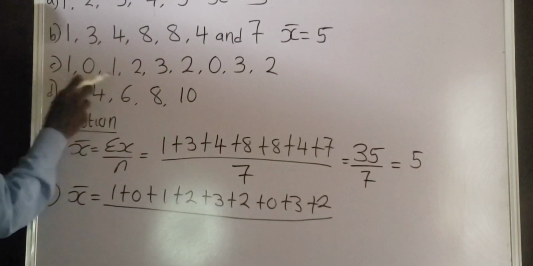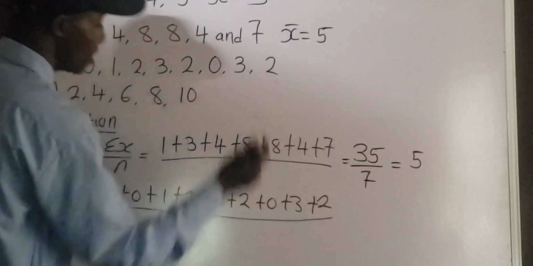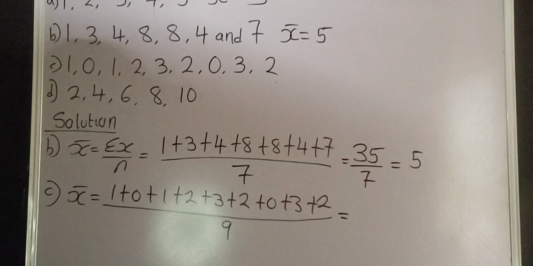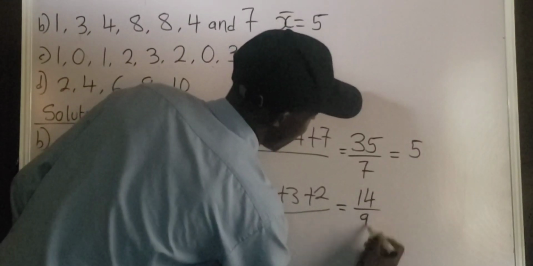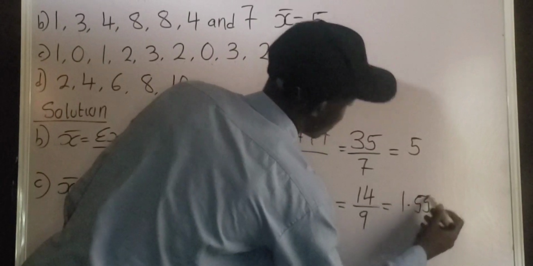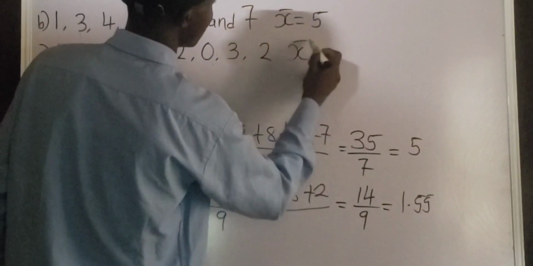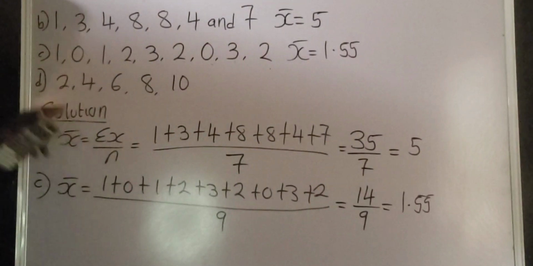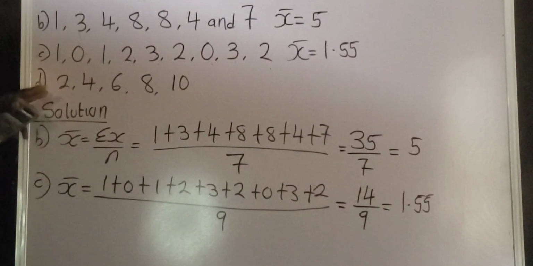I'm going to have 1, 2, 3, 4, 5, 6, 7, 8, 9. The total number is 9. When you sum this together, you are going to get 14. 14 divided by 9 is 1.55. So the mean of this data is 1.55. I want you to attempt question D and drop your answers in the comment box.